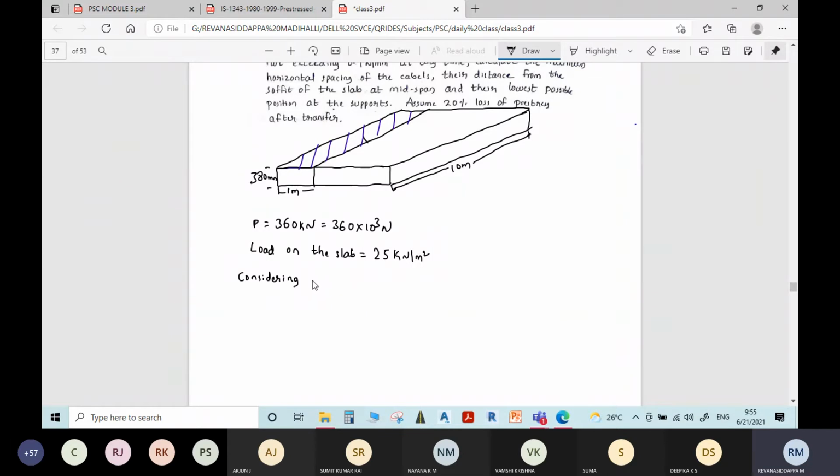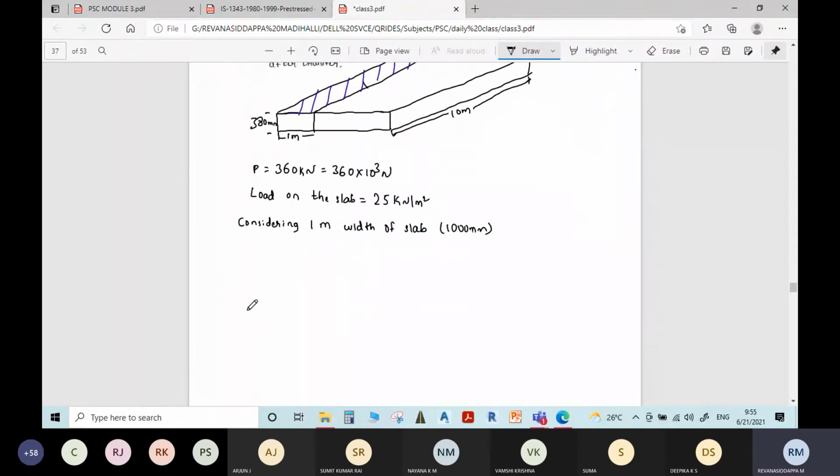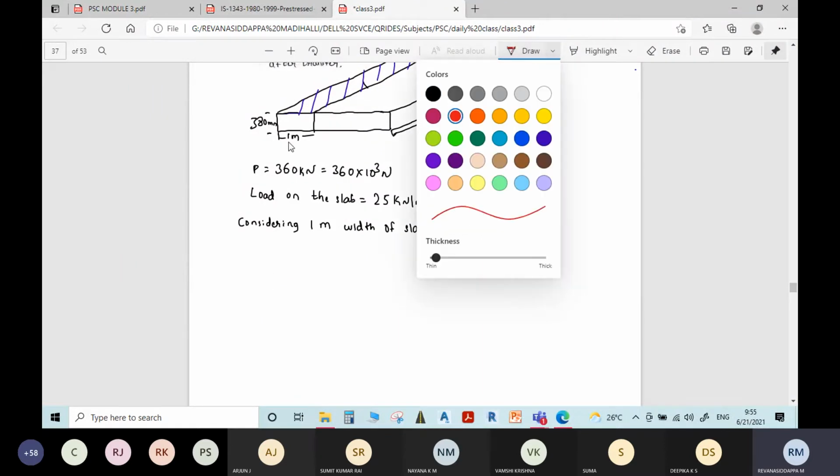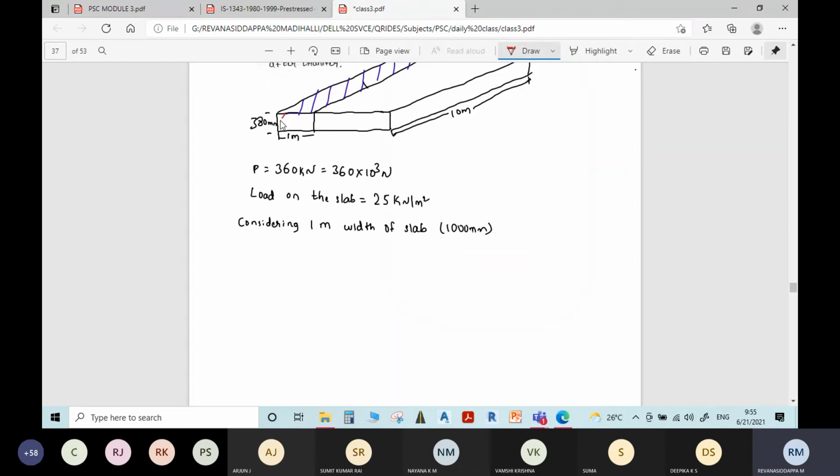Considering 1 meter width of the slab. Now what you do is you find the area for this portion.